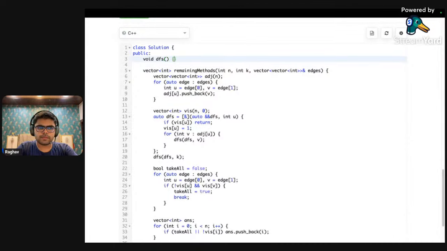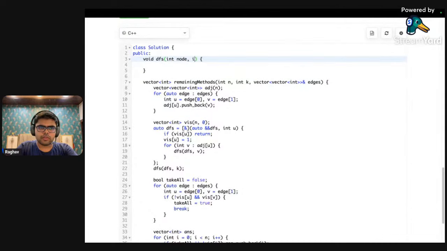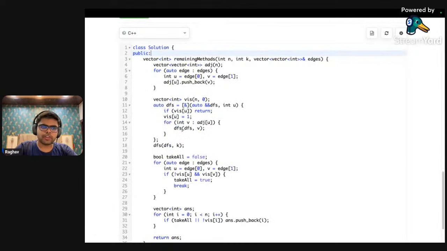In that case, you will have to take out a lot of inputs. That is why I try to avoid this type of function and create it within the function, so that I won't have to pass on the adjacency list or the visited array as inputs for the DFS function.